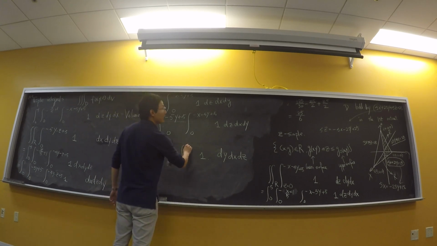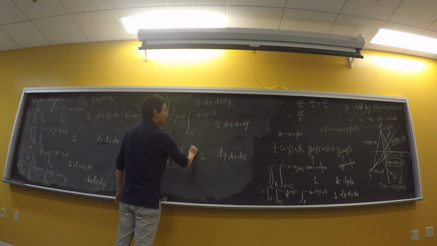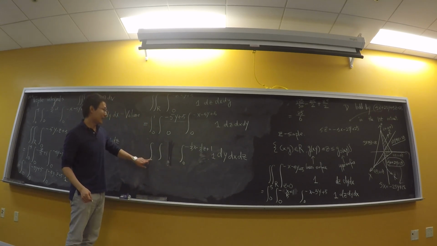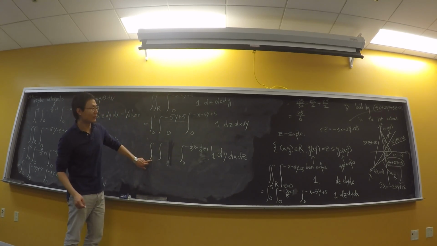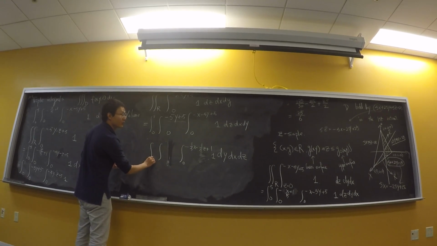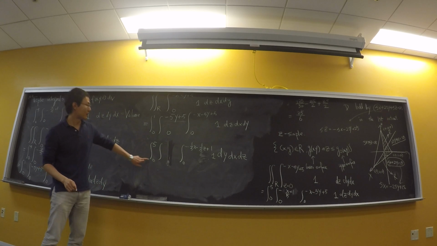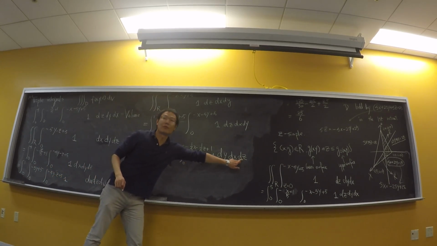It's minus 1 over 5 x minus 1 over 5 z plus 1. This is the upper function for y. And the two numbers for z are pretty clear from the pictures, from 0 to 5, all right? z is from 0 to 5.